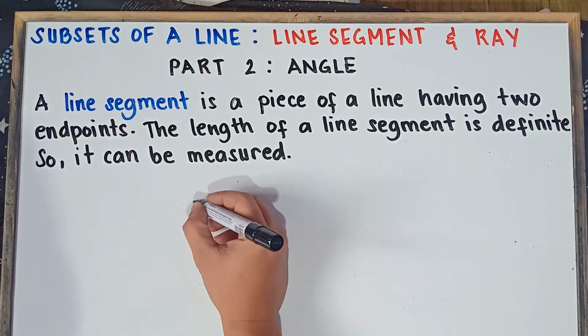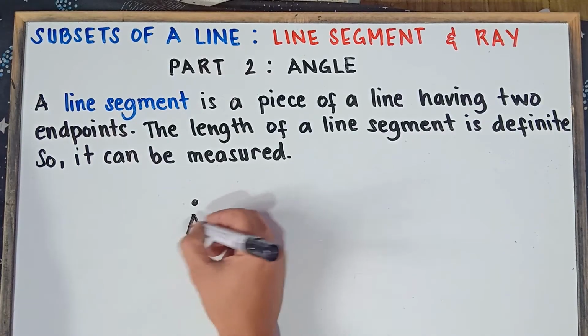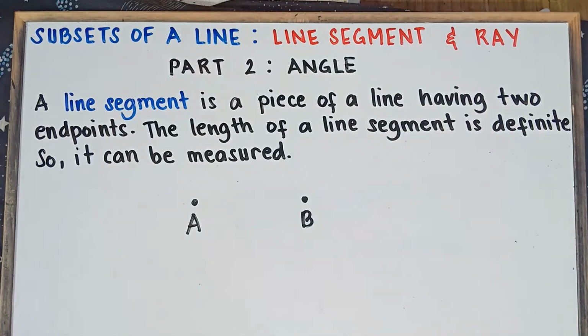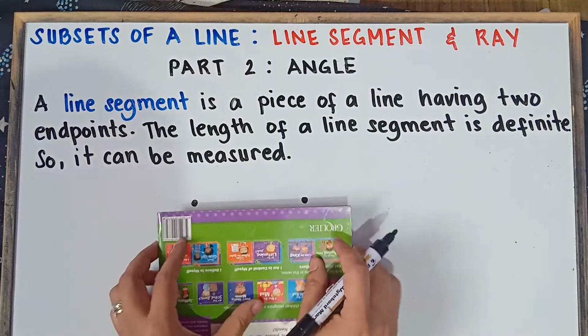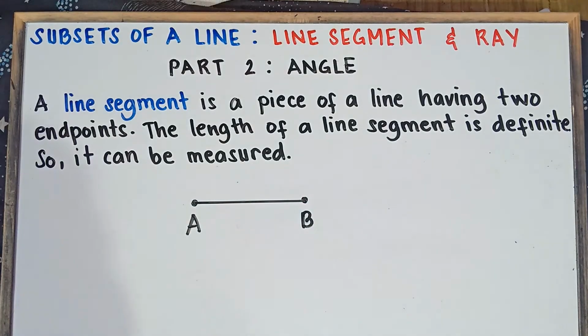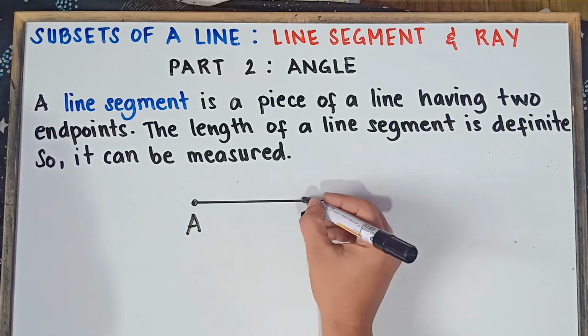If this is point A, and then this will be point B. Now, if you connect these points, we call this a line segment. We have two endpoints. So, therefore, this is line segment AB.